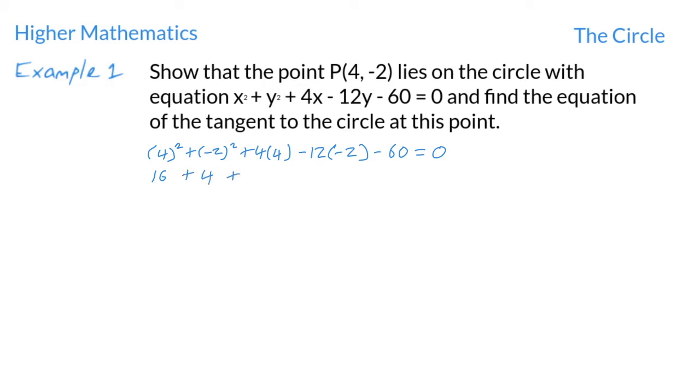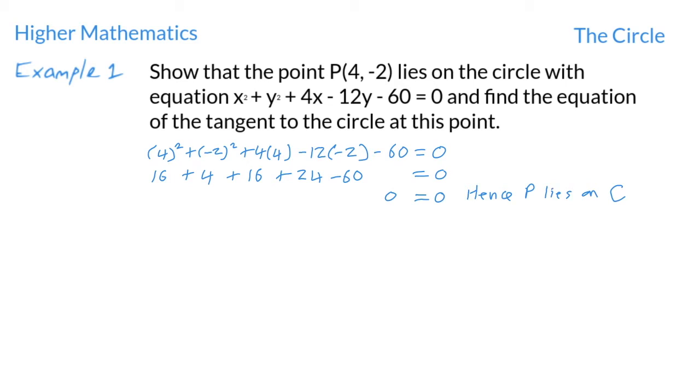Here we've got 4 times 4 is 16, -12 times -2 is plus 24. We subtract 60 and it should equal 0 if it lies on the circle. And sure enough, if we tidy up the left-hand side, it does equal 0. So we've proven that that point does lie on the circle. So hence, the point P lies on C, the circle C.